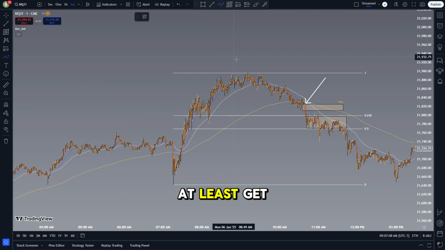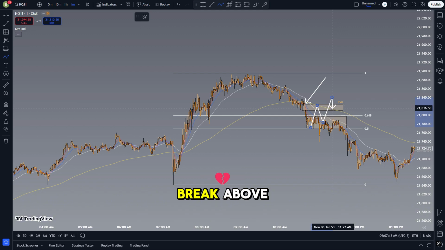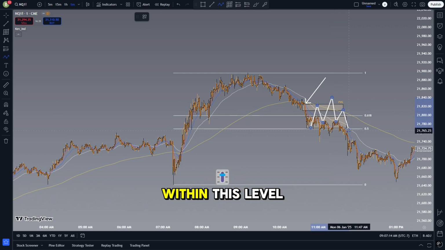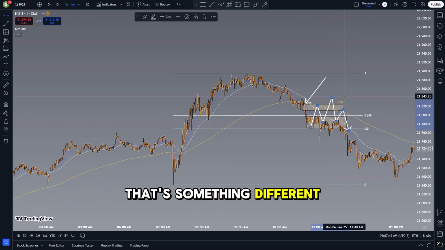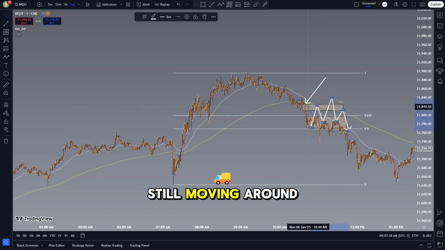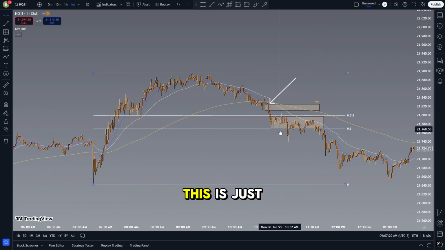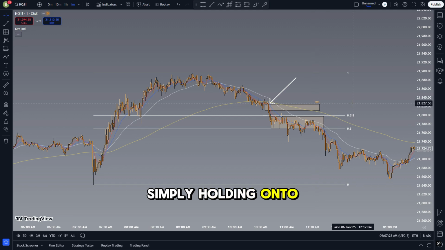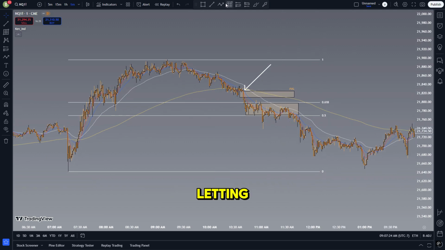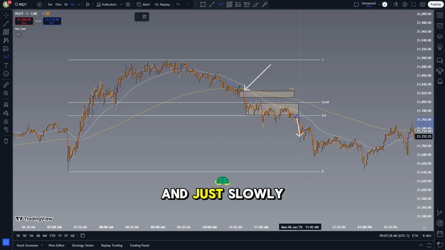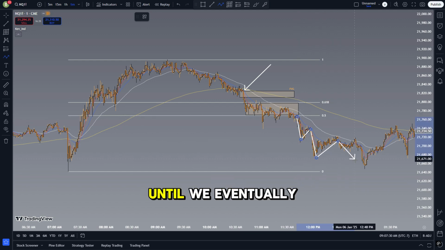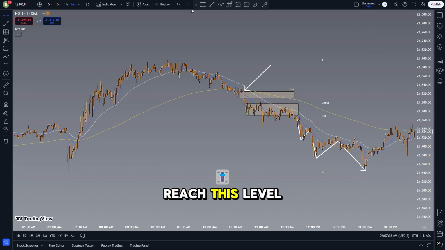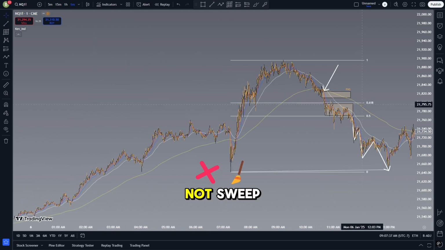If we would at least get this, where a pullback here, jump this, maybe break above, but overall staying within this level, that's something different. That is market still moving around its orders. This is just simply holding onto orders and then just letting the overall sell off of price do its thing and just slowly dragging even lower until we eventually reach this level where price did not sweep.